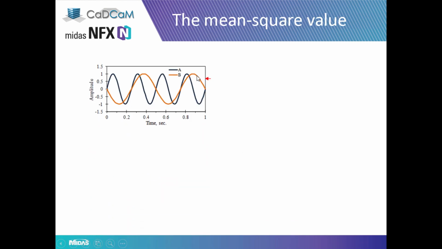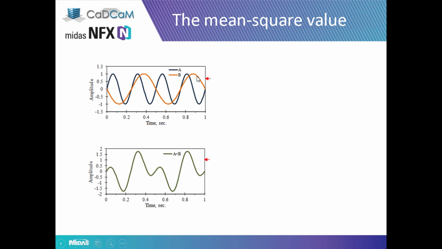The mean square value, we will try to understand via the following example. Here we have two sine waves, the red one and the blue one. They have the same amplitude, however they have different frequencies. When we combine, when we add those two sines, we get the following curve.